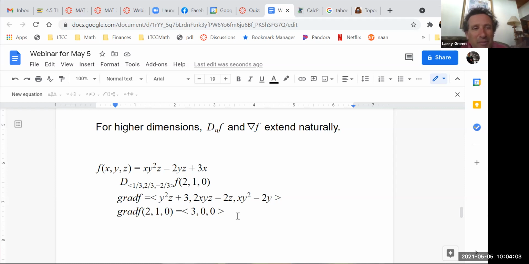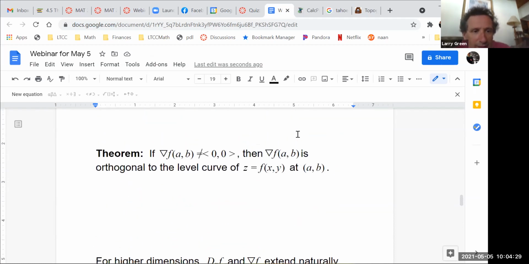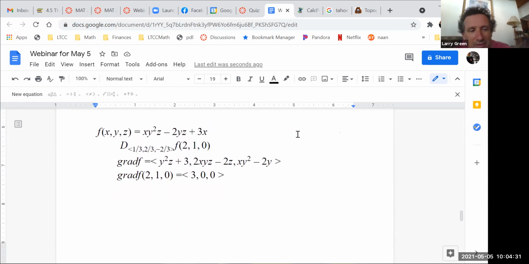Okay, now comes the big deal. And that is, how do you find the directional derivative? Here's a big one. I don't think I've mentioned it yet, but I'm going to now. I don't think we have that as a theorem yet. I'm going to do it in 3 dimensions, and then you can do it in however many you want.